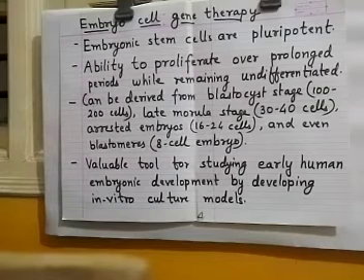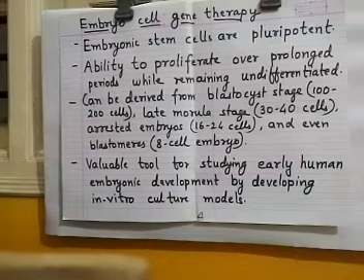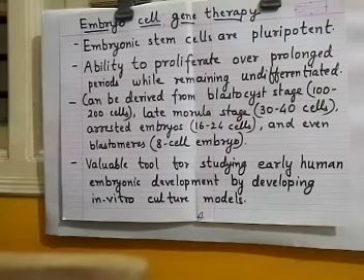That means the cells are able to give rise to the cells of any other organ, and these cells have the ability to proliferate over prolonged periods while remaining undifferentiated. That means they can be maintained in culture media in their native undifferentiated form for a long time and can be used as and when required.